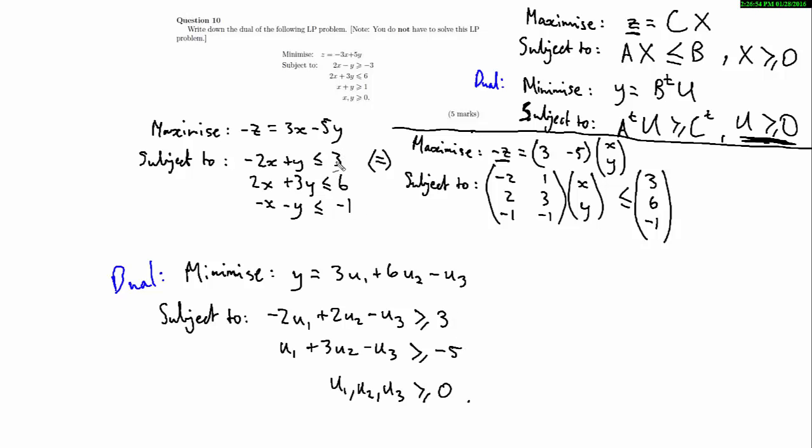Our 3, 6, and 1 at the side here are the new cost coefficients, and the constraint coefficients here just turn from being read across to being read down, and they will be your new constraint coefficients for the first constraint, and the second column here will be the new coefficients for your second constraint here. Okay, and that's all I've got to say about this problem.